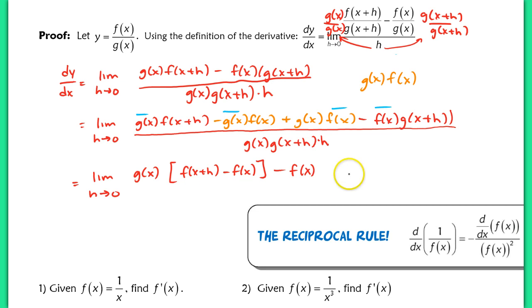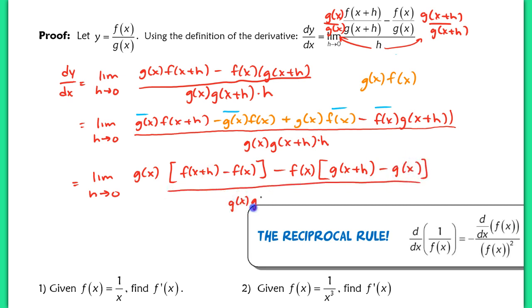So we have that multiplied by g of x plus h minus g of x, all over g of x times g of x plus h times h. So we've only got one more algebraic manipulation now that involves moving this h out of the denominator here.